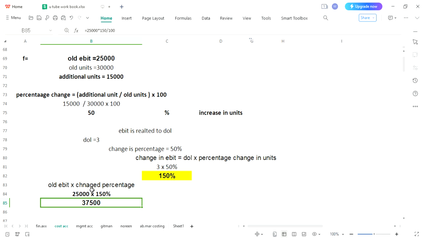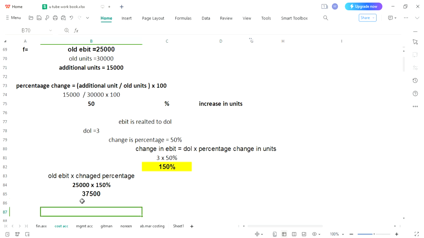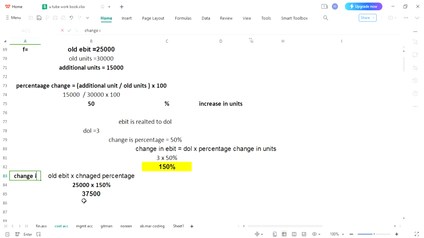What we have done: it was said that your change in EBIT should be 150%. Since we have increased the number of units, old EBIT was 25,000, and this would be the change. What is it? Change in EBIT.